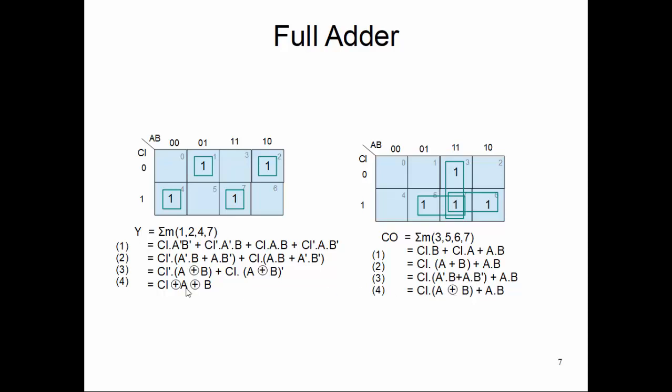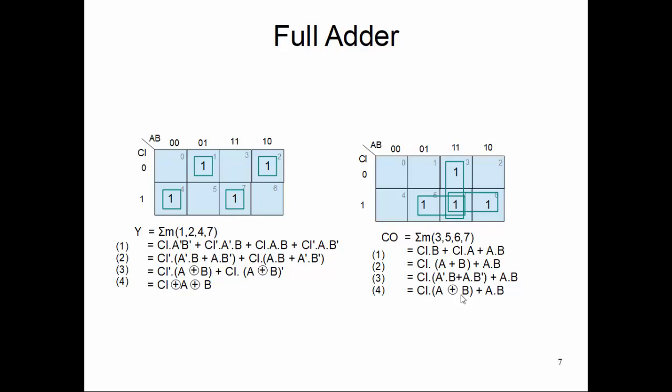So why did I do that? So that I can reuse an A XOR B from my summation circuit, the Y circuit. I can have that XOR and plug it into my CO. That way I don't have to use other digital components there.